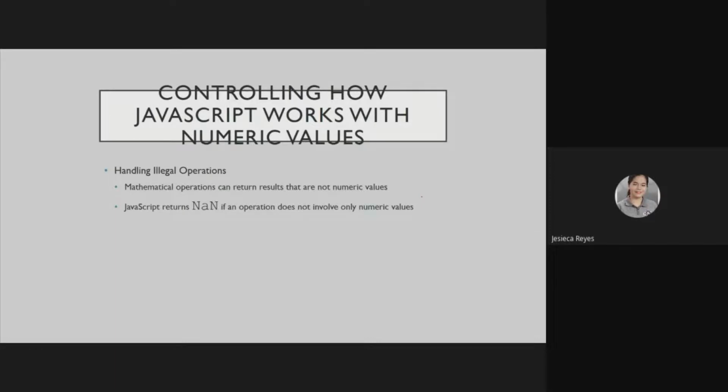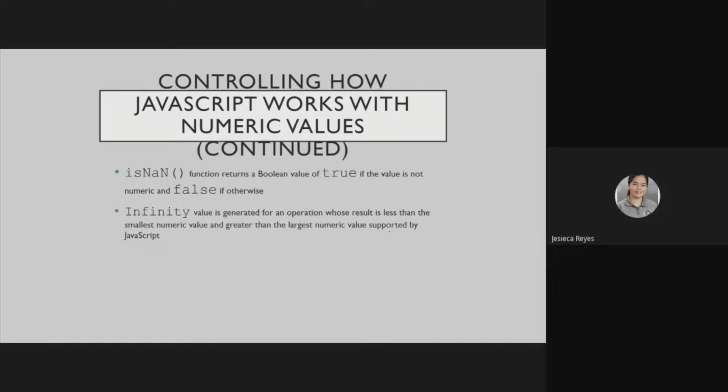That is why the NaN value will be returned. Okay, the NaN value will be returned if an operation does not involve only numeric values. And the isNaN function returns a boolean value of true if the value is not numeric and false otherwise.